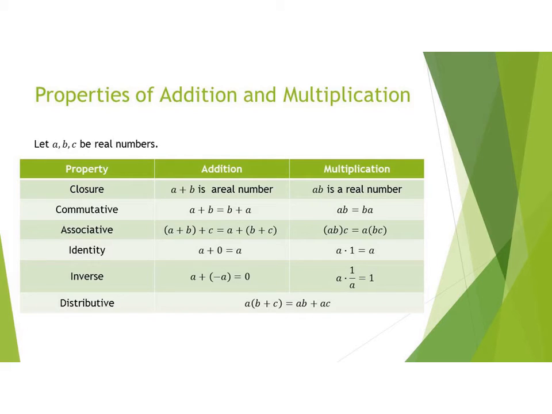If I'm adding two real numbers, I'm going to end with a real number. If I'm multiplying two real numbers, I'm going to end with a real number. And it can go all the way back to if I'm adding two integers, your result is an integer. That's your closure property: you end with the same type of numbers that you started with.